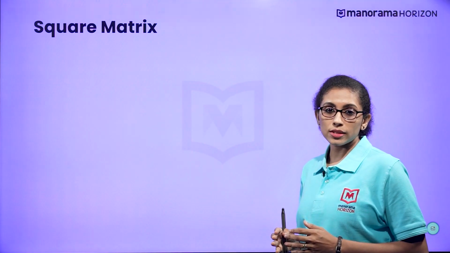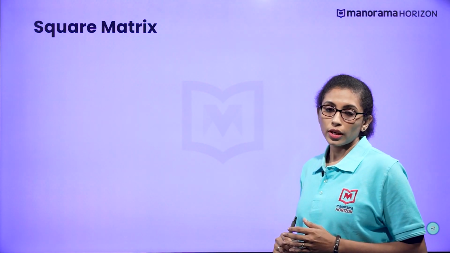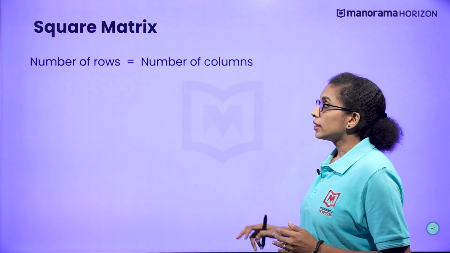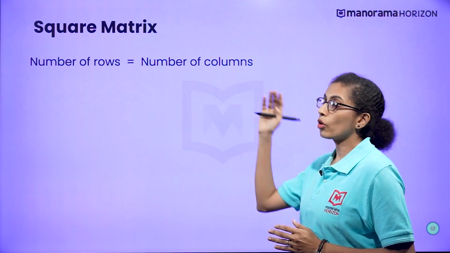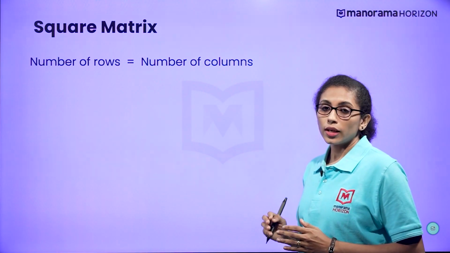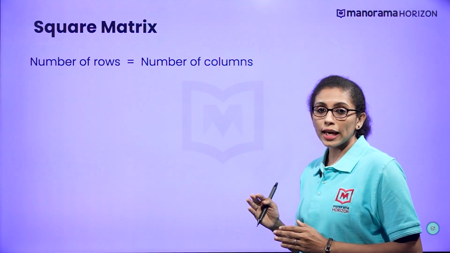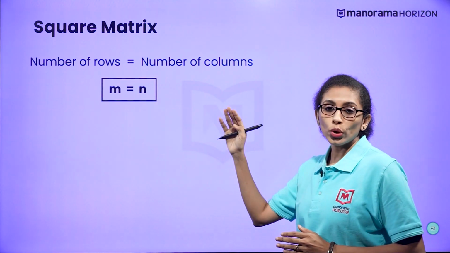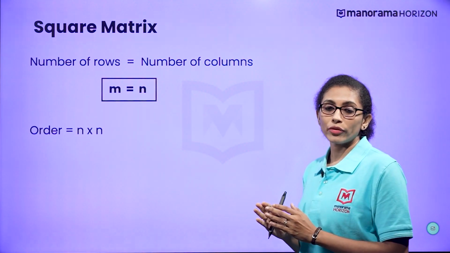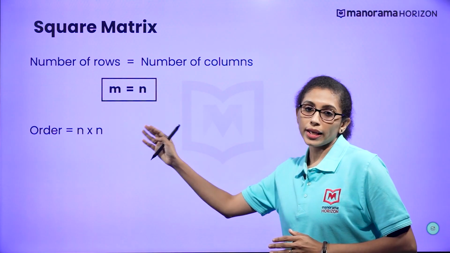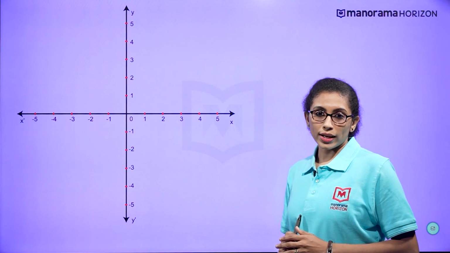Next, we will discuss another type of matrix, that is the square matrix. In a square matrix, the number of rows is always equal to the number of columns. Thus, an m by n matrix is said to be a square matrix if m equals n. That is, the order of a square matrix is n by n. Let's see one example.